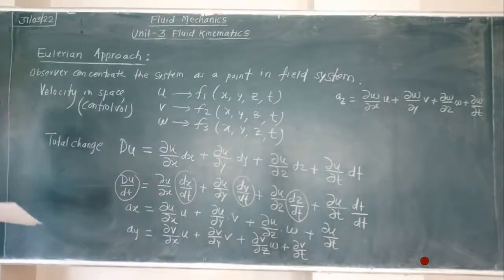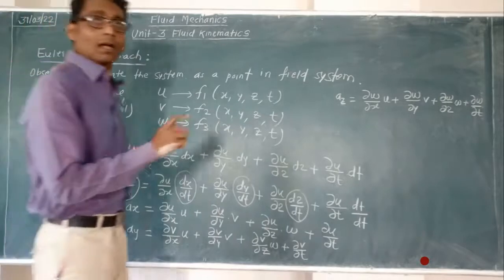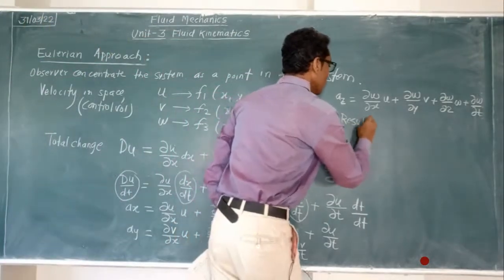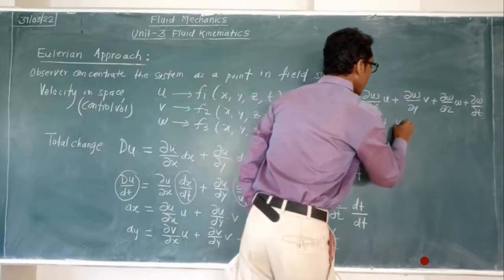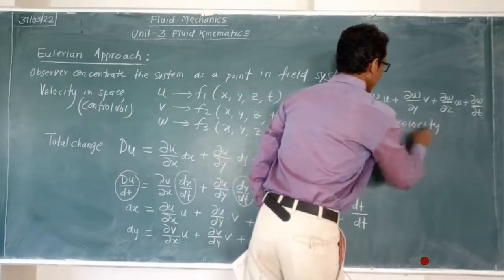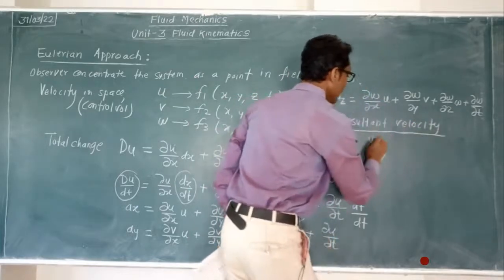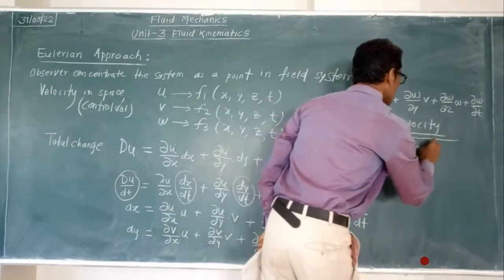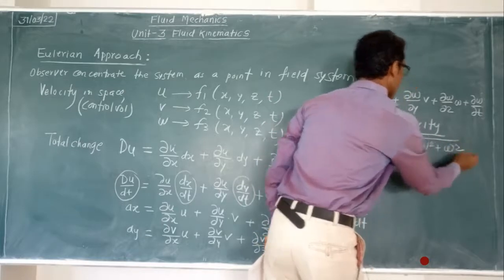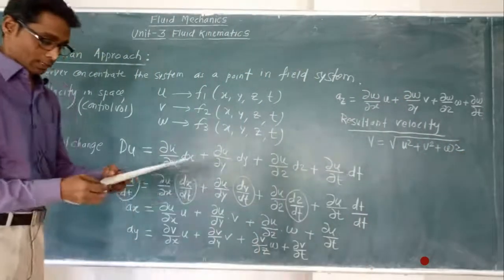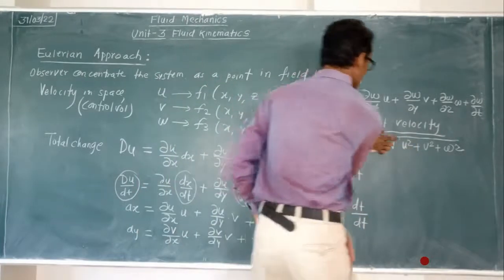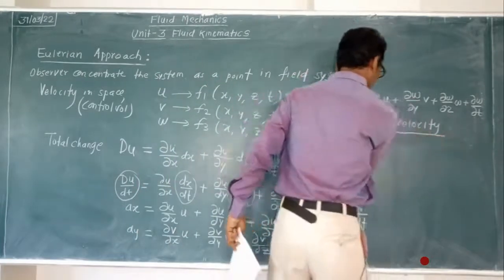So likewise, lastly, here also we have to write the resultant component. So here the resultant velocity is the same way, that is what? Capital V is equal to square root of u square plus v square plus w square, resultant velocity. But in this case, let me clear first of all.